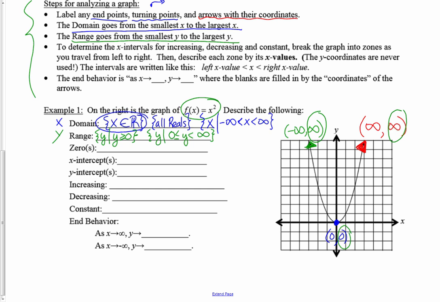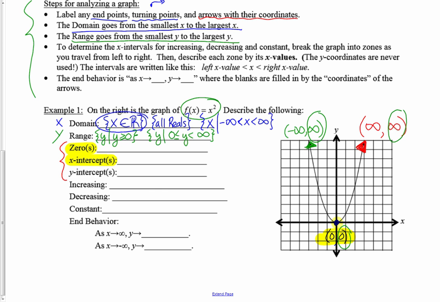All right, the next three things sort of go together. They're the intercepts of our function. So to figure out my intercepts, I need to remember what that vocabulary word is. Zeros and x-intercepts are the same thing. That's where I hit the x-axis. I do that one time. It was right here at 0, 0.